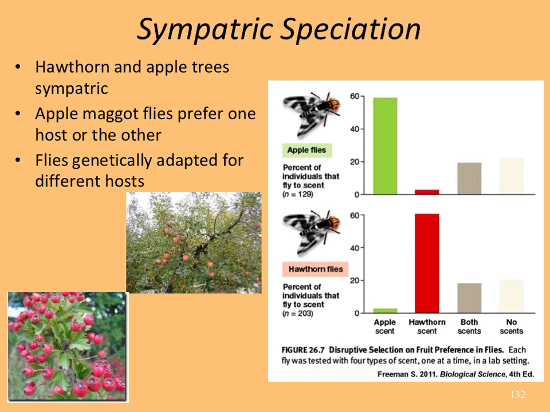Over time, the populations of flies started to diverge. Even though they were in the same place, there were little pockets, in other words microhabitats like apples or hawthorn, where they were more adapted. So this is sympatric speciation in the same place.